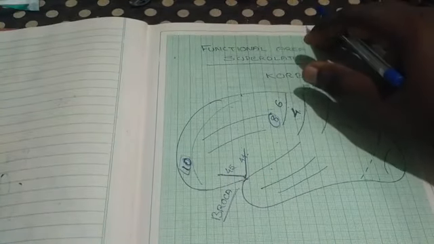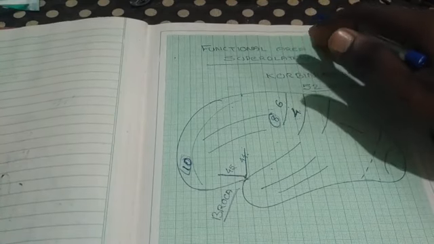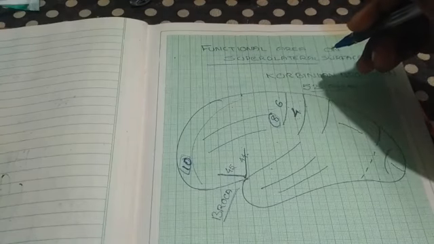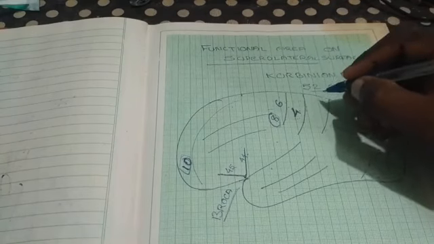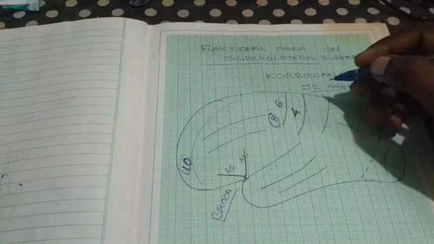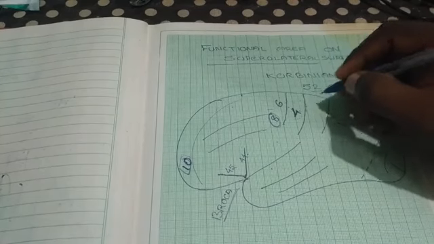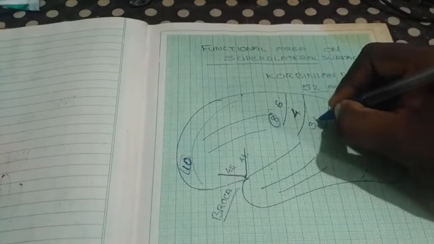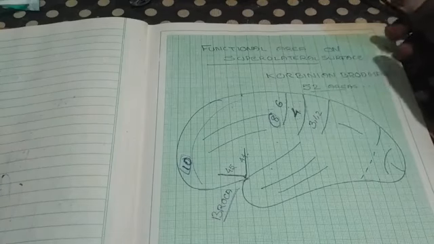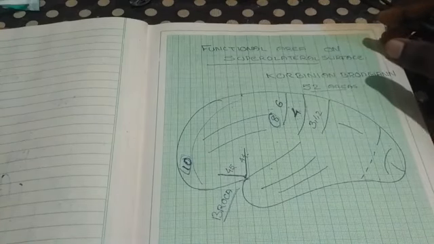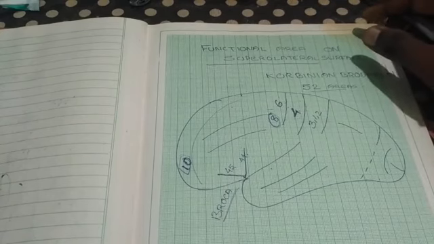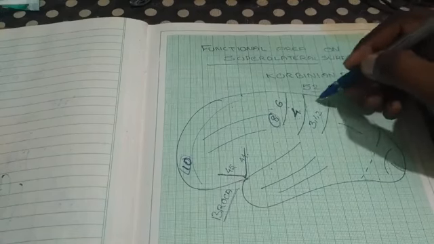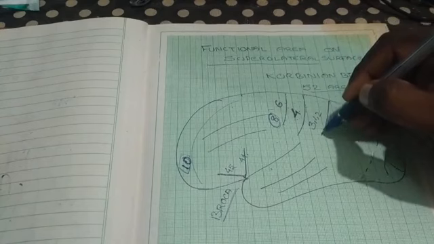Then we are going to learn about the functional areas present in the parietal lobe. The first is the primary somatosensory cortex, or primary somatosensory area, areas number 3, 1, and 2. They are seen just behind the central sulcus and just in front of the postcentral sulcus.